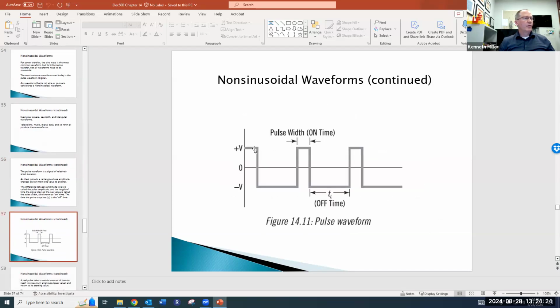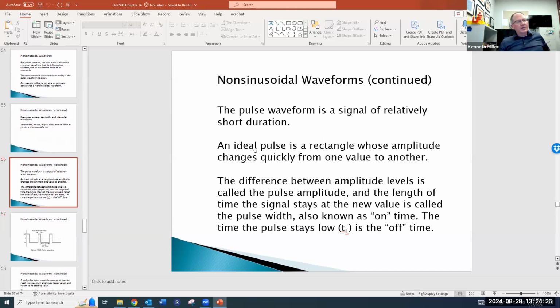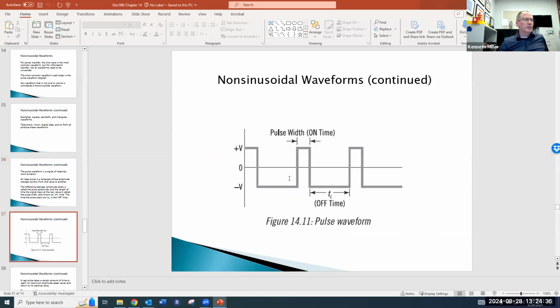And with these non-sinusoidal, they do not have to be in perfect sequence where the on time and the off time are equal. So for example, here we have the on time is this width, and the off time is down here. So it's positive or on right here, and then it's off right there.